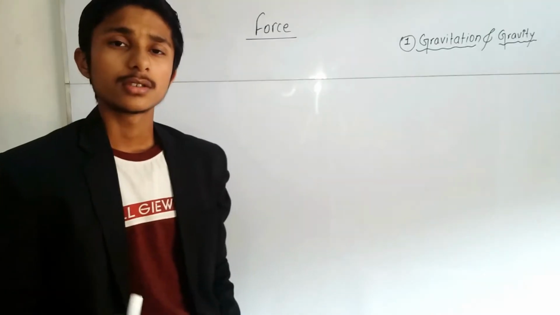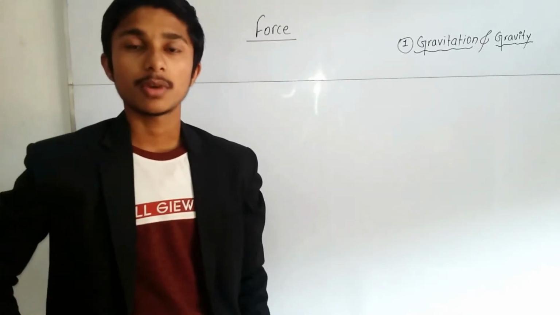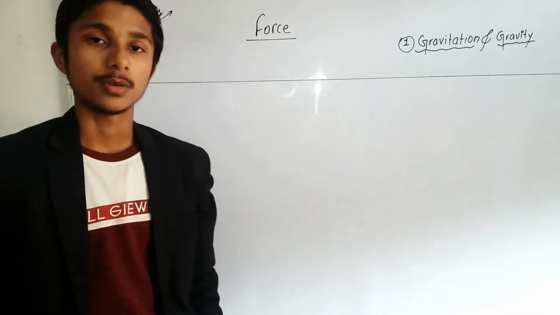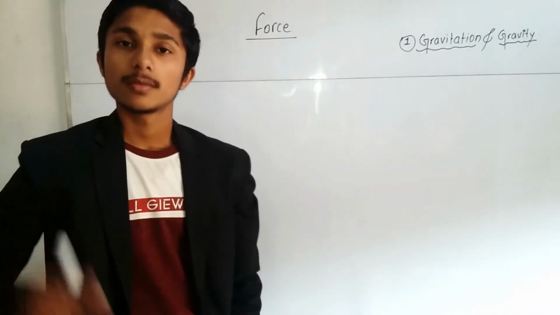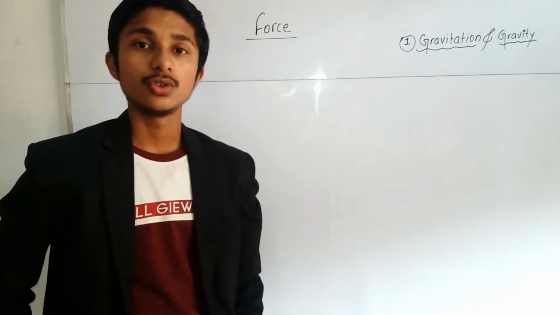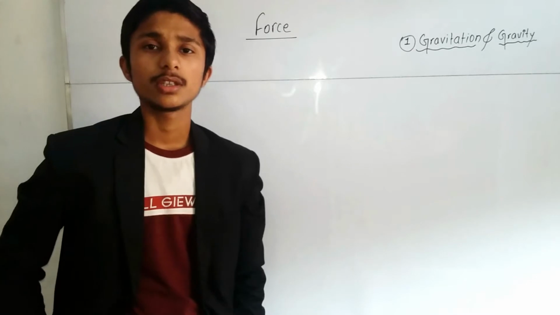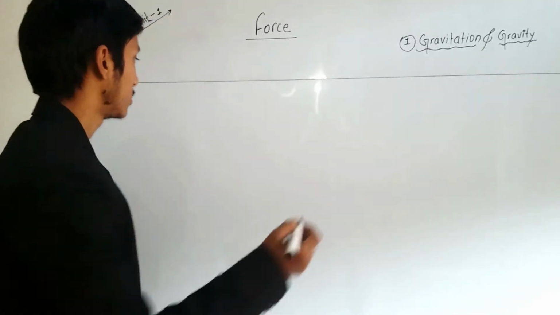Let's study something different. There are two well-known theories about the universe. They are the heliocentric theory and the geocentric theory. First, the geocentric theory. The geocentric theory was given by Claudius Ptolemy in the 2nd century.